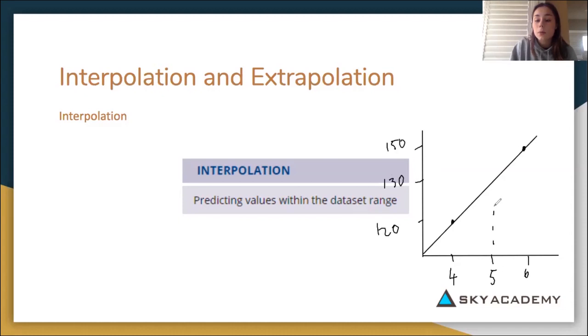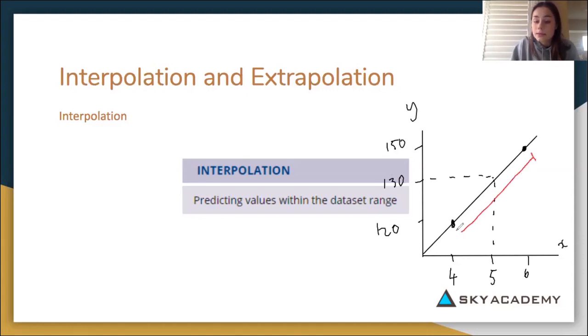I would go up to where I meet the line, then I would go across until I reach my y-axis. And that would be predicting a value that we weren't given. We were only given 2 values. So I am predicting a value within the data set range, because my range will be in red. My range is from here to here.